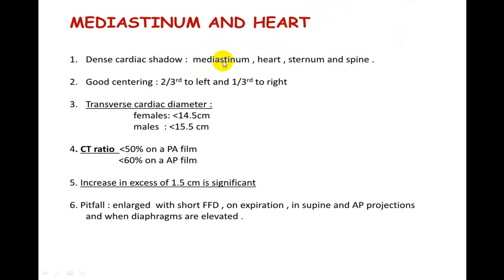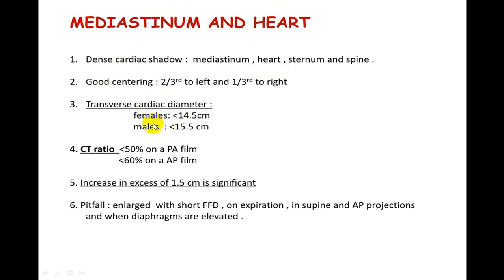Now, if it is exactly a PA view and centering is proper, meaning there is no rotation, then 2/3 of the cardiac shadow will be on the left side and 1/3 of the cardiac shadow will be on the right side. And then it becomes very easy to identify the cardiac size and to find out whether there is cardiomegaly or not.